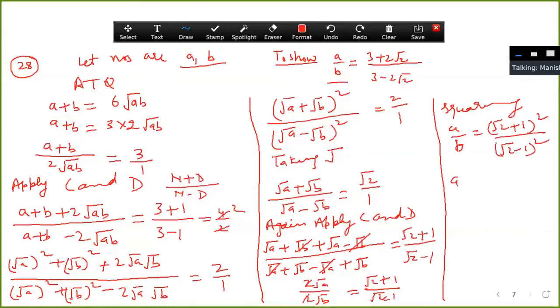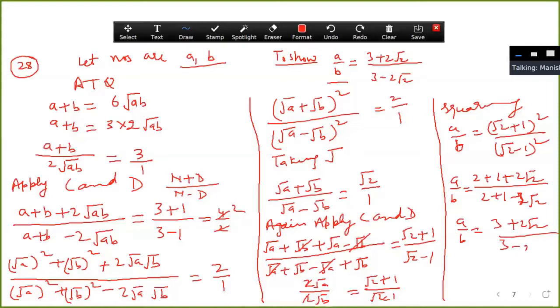Now a upon b will be equal to, when you open the square, 2 plus 1 plus 2 root 2 upon 2 plus 1 minus 2 root 2. So a upon b is equal to 3 plus 2 root 2 upon 3 minus 2 root 2. This is the answer. You can do question number 28.